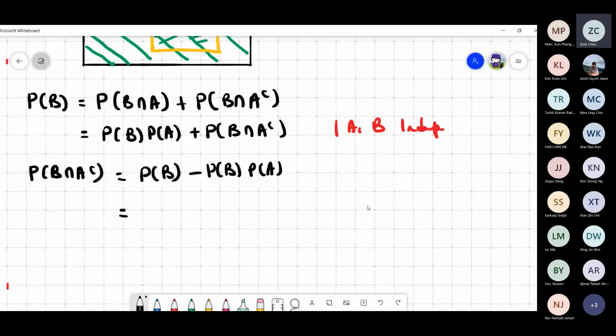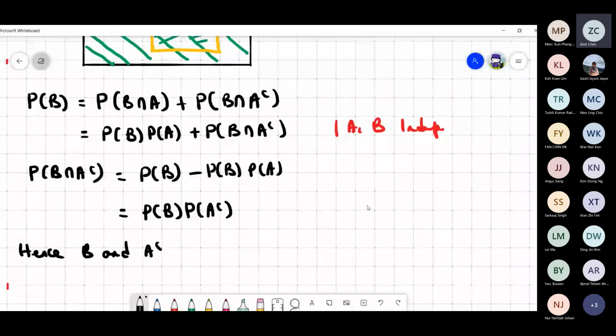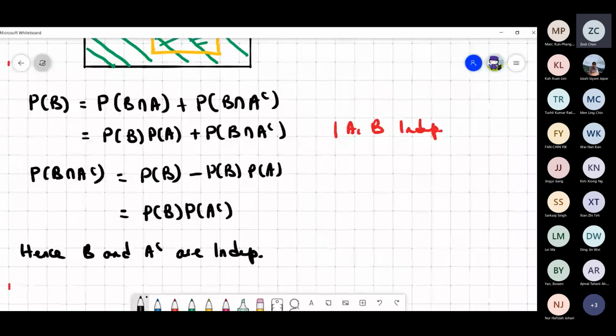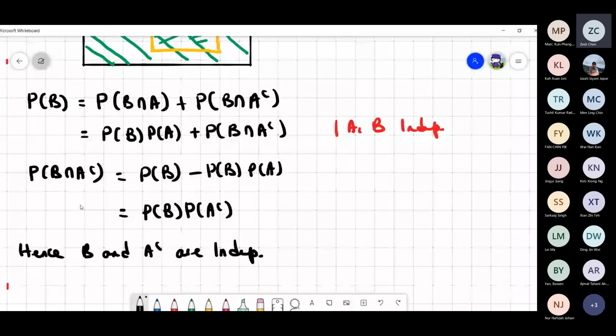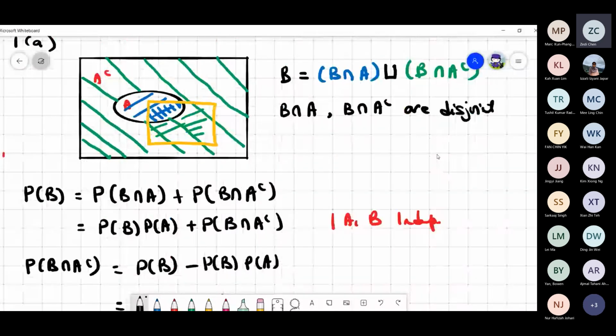This will become P(B) multiplied by P(A complement). So this equals this, by the definition, we can conclude that B and A complement are independent.